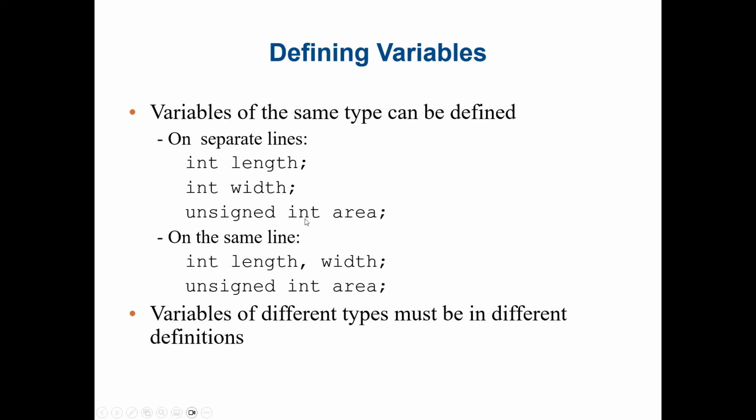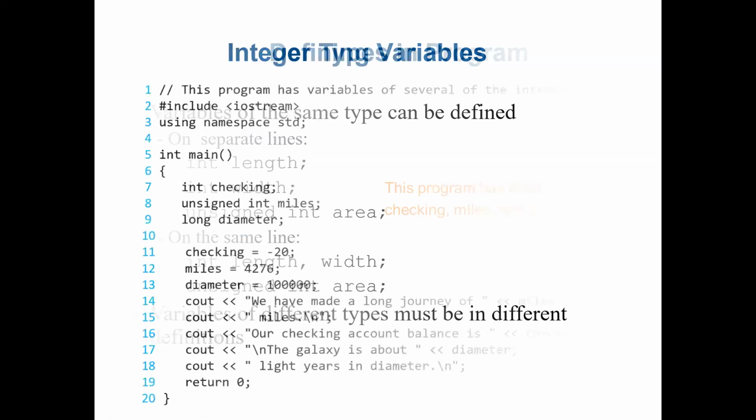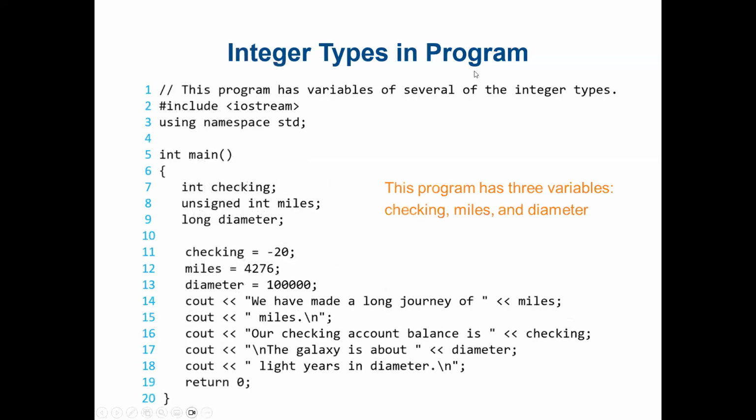And the next one is unsigned int area. So again, variables of different types must be in different definitions. So int is length and width, the same data type, but area is unsigned int, so it's on a different line. So that's an example of integer types in the program.